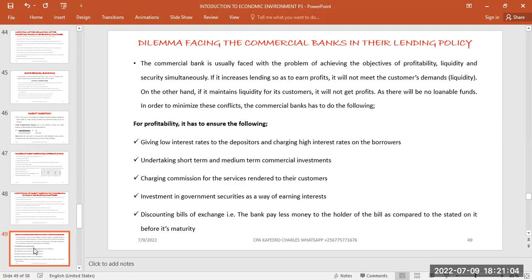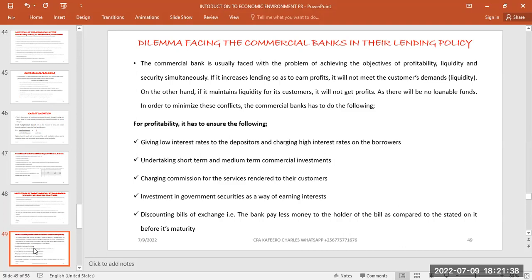That's a problem. If they want to increase lending so that they can earn more profits, they end up not meeting the customers' demands. That's the liquidity preference. On the other hand, if they maintain liquidity and have the money for their customers, they will not earn profits, as there will be no loanable funds. To minimize these conflicts, the commercial banks have to do the following.